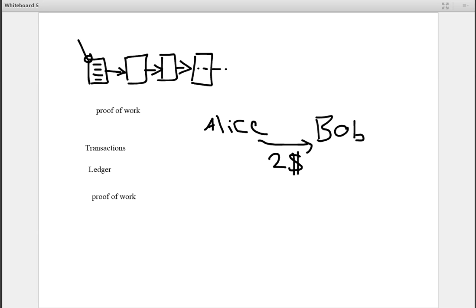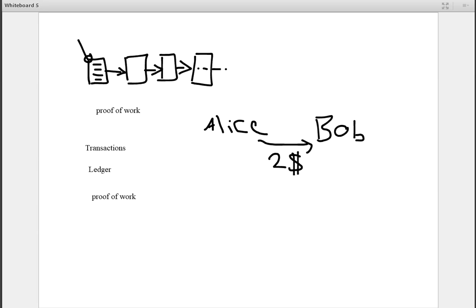So, in real life, how can Alice send $2 to Bob? Alice can give $2 in cash to Bob, but this happens when Alice can see Bob.